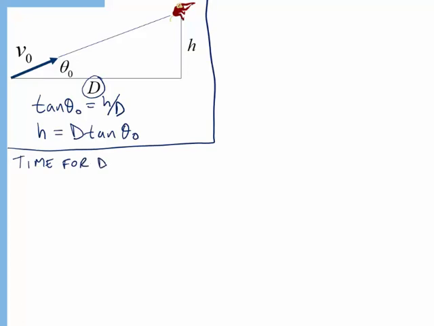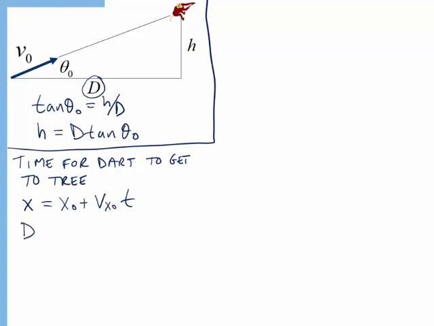Time for dart to get to tree. In order to do that, we're going to look at the x position for the dart as a function of time. So we know x is equal to x naught plus vx naught t. Well, what we want to know is how much time it takes for the dart to travel a distance d.